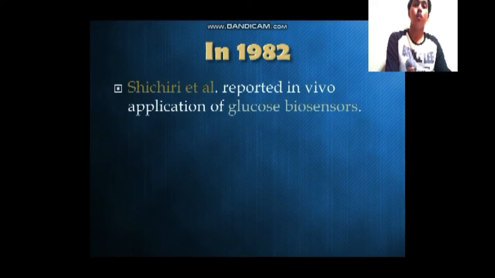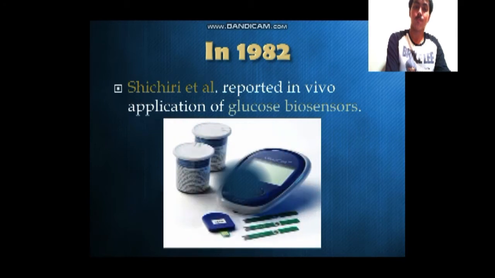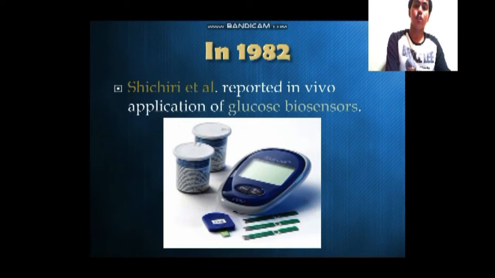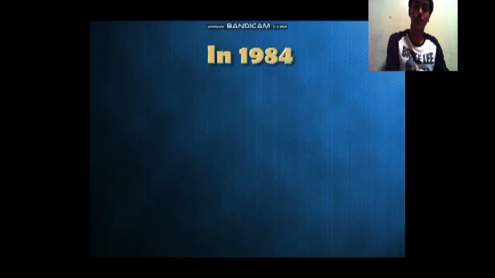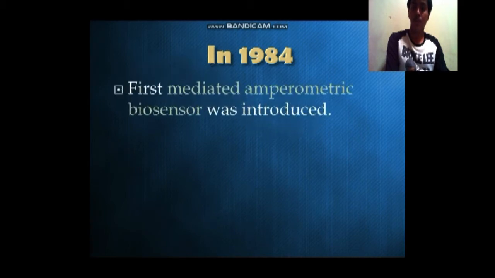In 1982, Shichiri et al. reported in vivo application of glucose biosensors, which is the first needle-type enzyme electrode for subcutaneous implantation. This is an example of a glucose biosensor. In 1984, the first mediated amperometric biosensor was introduced.